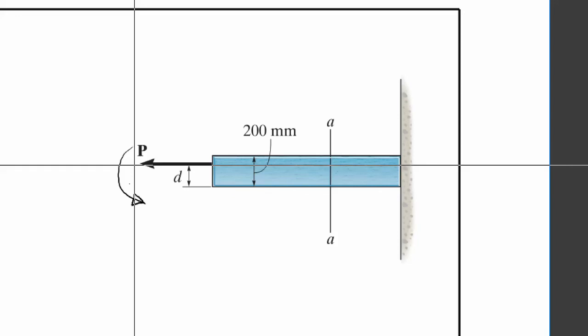I believe the question is asking to determine the maximum distance d, at which a force P can be applied so it produces no compressive stress on the plane of section AA. The plate has a thickness of 20 millimeters and P acts at the center line of this thickness.